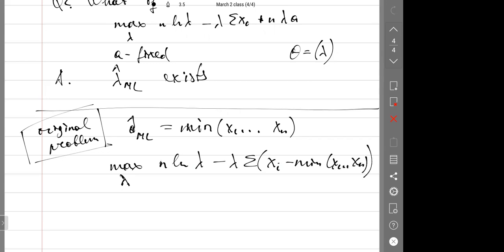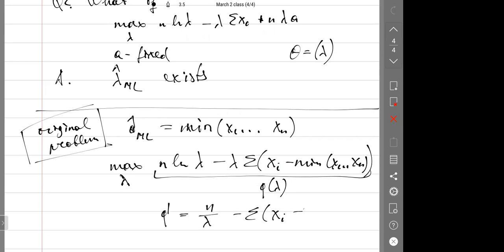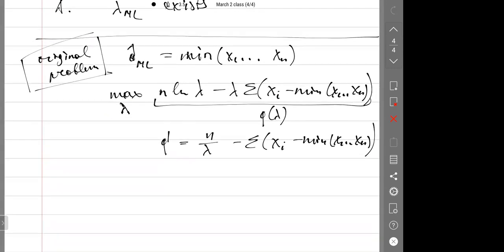It's a little bit boring now. I will denote my function by q of lambda. Q prime is n over lambda minus the sum of xi minus the minimum of x1 through xn. And I think we have done everything in our case.